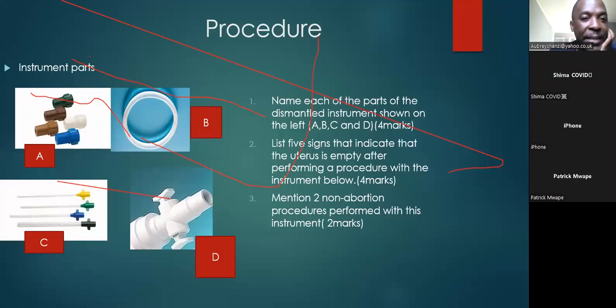Yes, I'm asking, what is A? No one knows. What about the ones below, the ones connected to the cannula, the yellow, the green, the blue, and these things here? What are they? The colored parts. They are the same as the ones on top. What are they called?